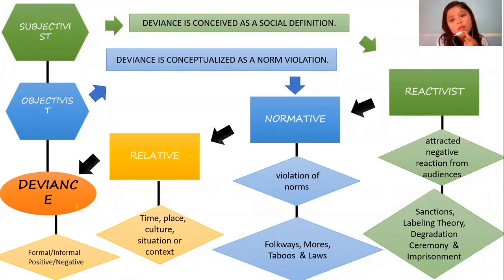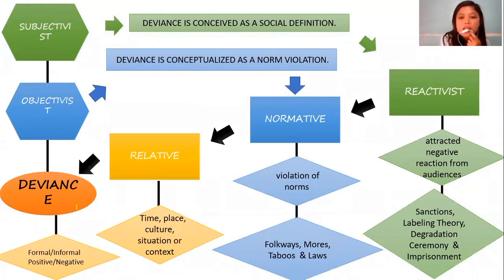So talking about folkways, these are also known as customs or conventions. These are everyday norms that emerge out of repetitions and routines. So basically, folkways are our common or habitual practices in everyday life.